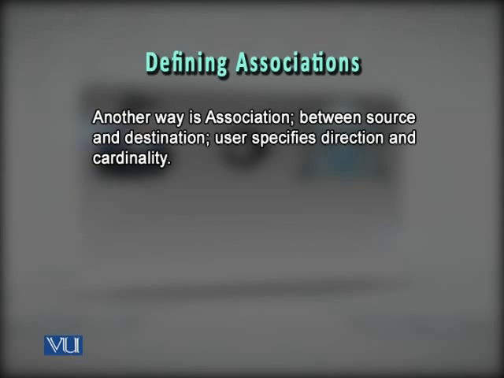As the name suggests, directionality means the direction of the association. It means whether the association is in one direction only or in both directions. Because the association links two objects, in the directionality we have to mention whether the direction is only one way or the other way as well.